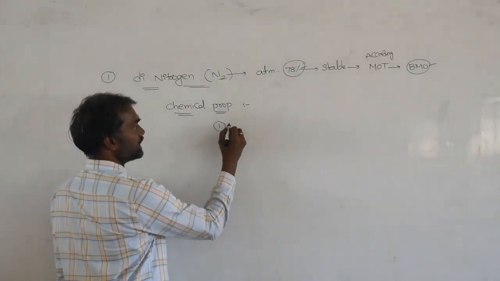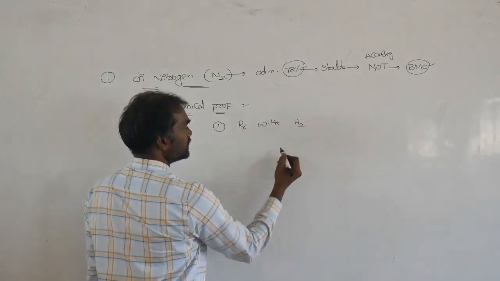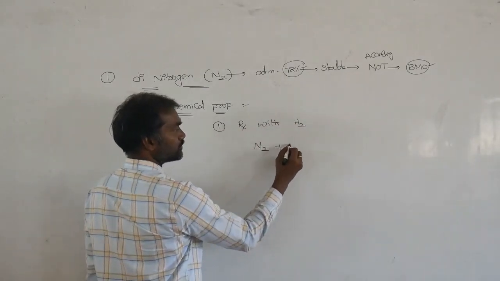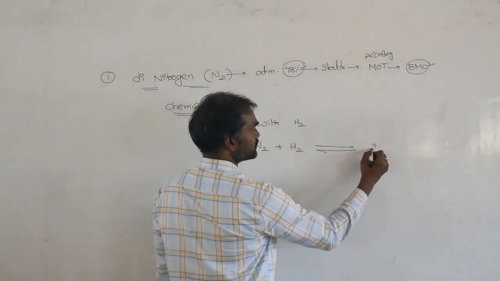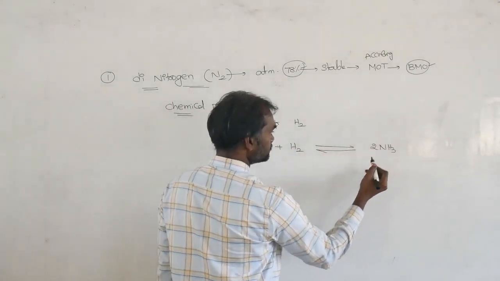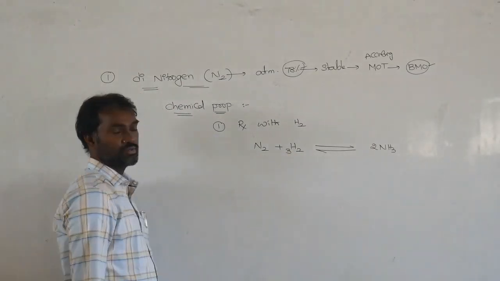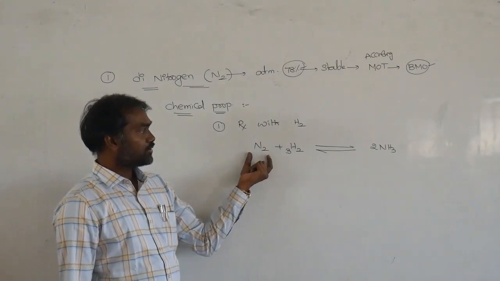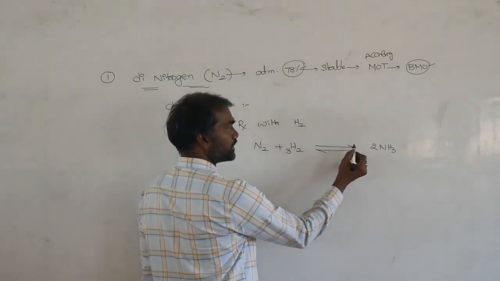First one, reaction with hydrogen. You take nitrogen plus hydrogen, giving 2 moles of ammonia. So N2 plus 3H2. Nitrogen is treated with hydrogen gas, but it is an equilibrium reaction.